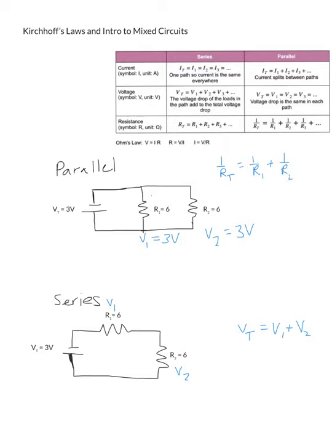And for series, the total resistance is just adding: we can add up each individual resistance to get the total. So we'll have RT is equal to R1 plus R2. In this case, it's 6 plus 6, so that's a pretty quick one to add together. That gives me 12 ohms.